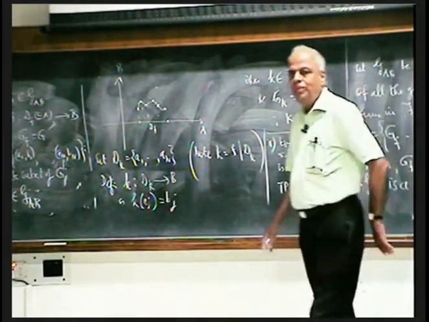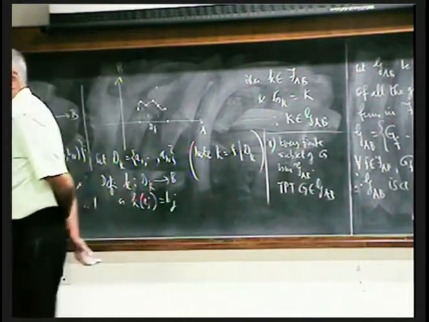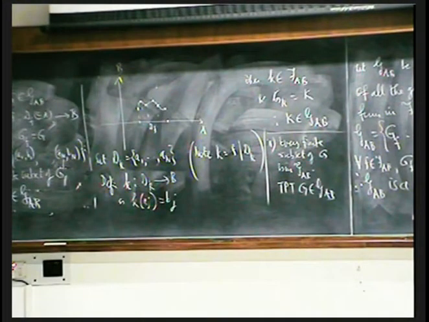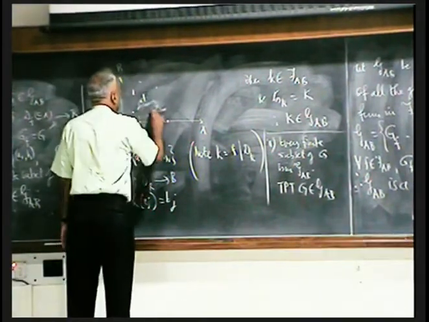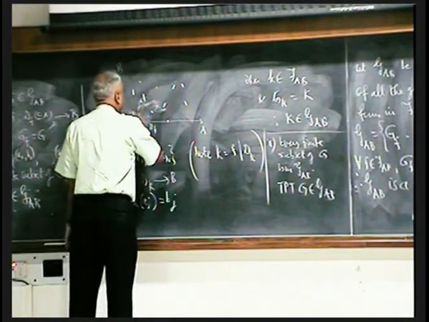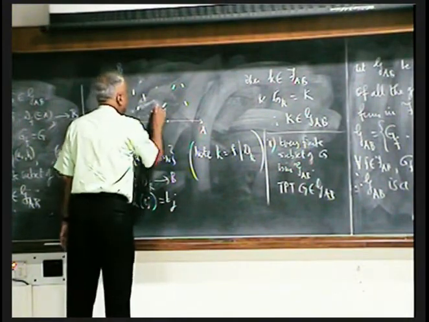G is a subset of A cross B, right? How can a subset of A cross B fail to be the graph of a function? Look at the picture. Suppose I take some subset of this.